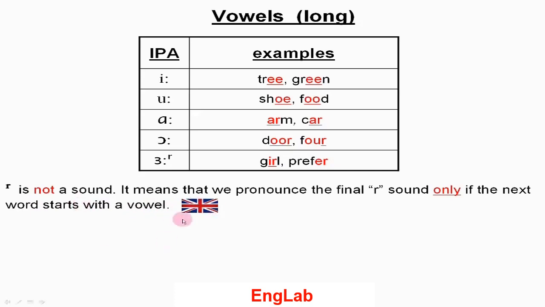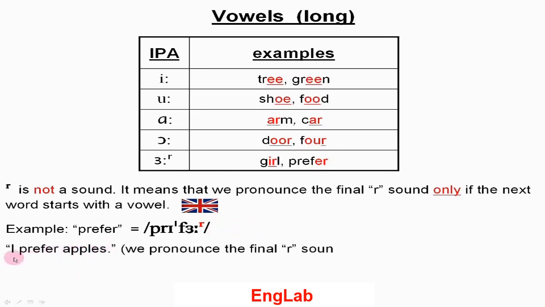And this is exclusively for British English. You won't find it in American English. For example, the word prefer. So this is the IPA transcription. So we have the R sound at the end, and the little r means we only pronounce this R sound at the end of prefer if the next word starts with a vowel.